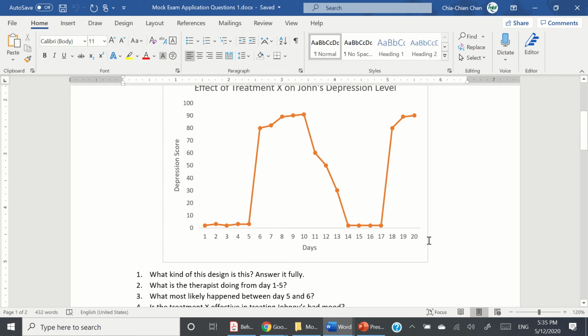Most likely, the treatment with the therapy was introduced to Johnny, and therefore we saw a rapid improvement in his depression score.